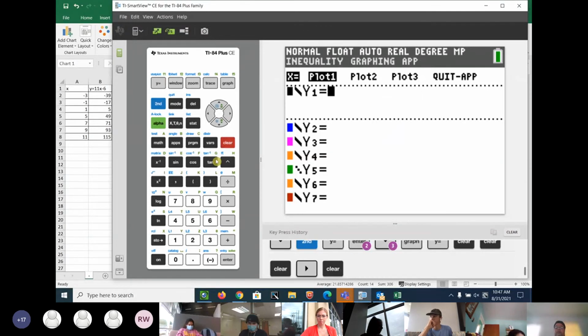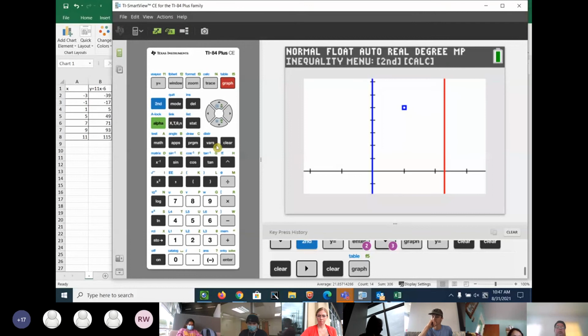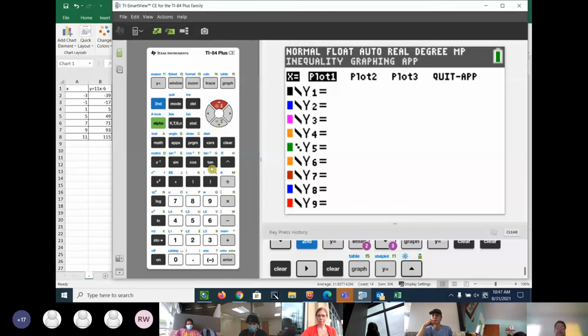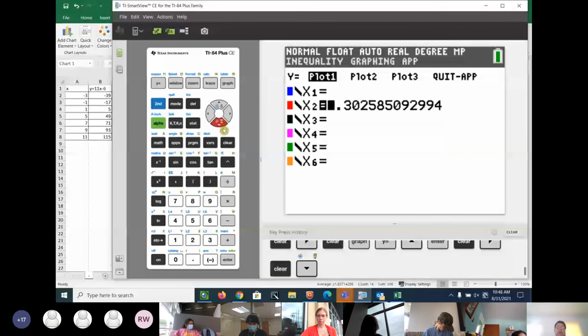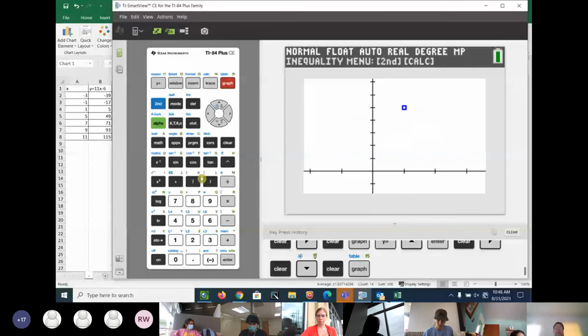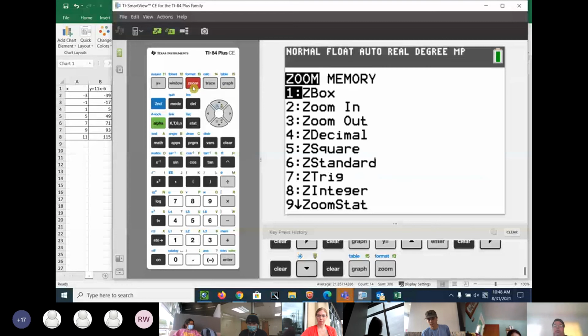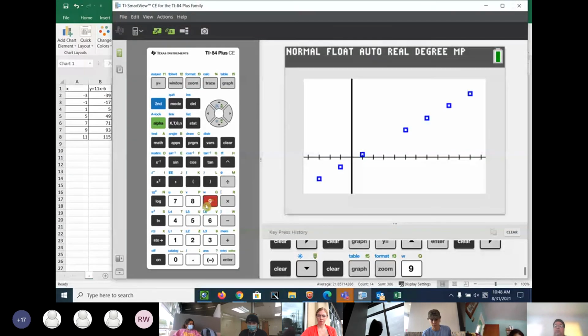Let me get rid of X is equal to. Now you can't see it, so you hit zoom and go down to 9, zoom stat. There's your points. Ain't that pretty?